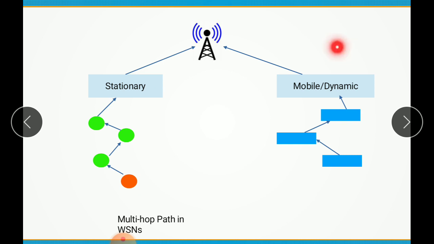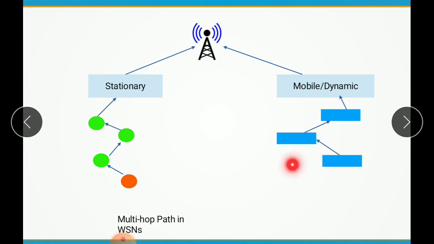There are stationary nodes and mobile, or dynamic, nodes. In the stationary case, the nodes have hops connected to each other. The difference is that stationary nodes are static, but mobile or dynamic nodes are mounted on movable objects like a car, a truck and a cycle.